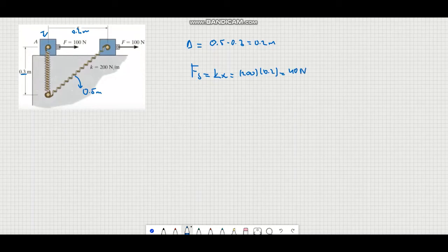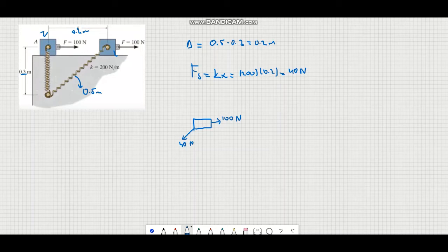Let's draw the free body diagram right now. This is that block in position B, let's say. There is still the 100 Newton force, and we have the spring force on the diagonal part, in the downward direction because it's pulling, which is 40 Newton. This is 100 Newton, right?